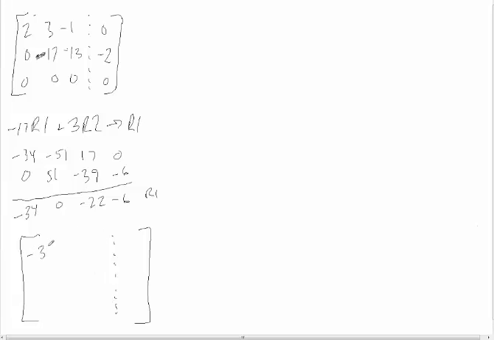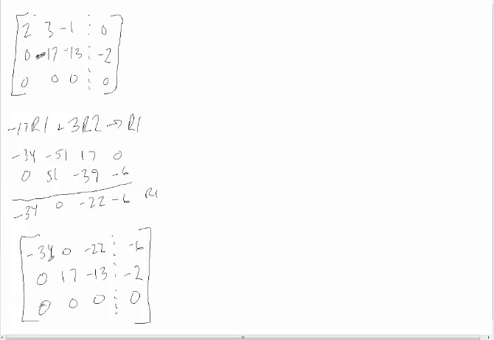So we've effectively gotten rid of that entry. So we've got this entry, zeros below. This entry, right here with the 17, zeros above and below.